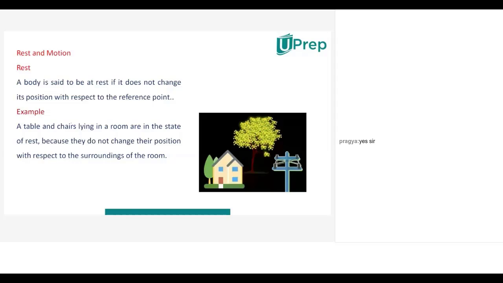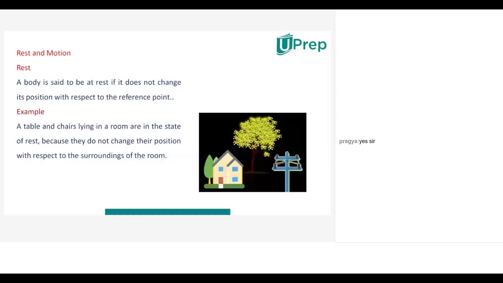Right. So you have to say it like this. Suppose I sit in some place, suppose I sat in a chair at 6:30, and up to 8 o'clock I am there in the chair only. That means my position is not changing. Then whether I am in a rest position or motion? Sir, rest. Why? Sir, because you are not moving to any other position.